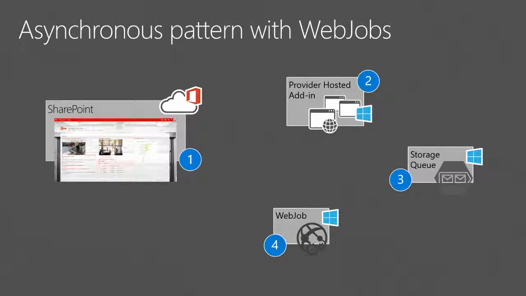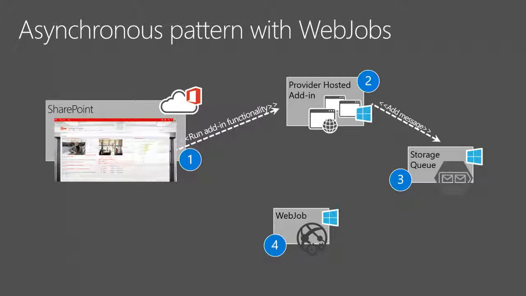And we also came up with a pattern because that approach can cause things like timeouts, especially when you're doing site provisioning. One of the most common patterns that we've seen: I need to provision custom sites. I want to do custom self-service site provisioning. We have a timeout of, I think, a minute in Azure, and so if the operation takes longer than that... So one of the patterns that we have in there, and we actually have lots and lots of code to show you this, it's really, really cool, is you have a provider-hosted add-in, which runs the add-in functionality.